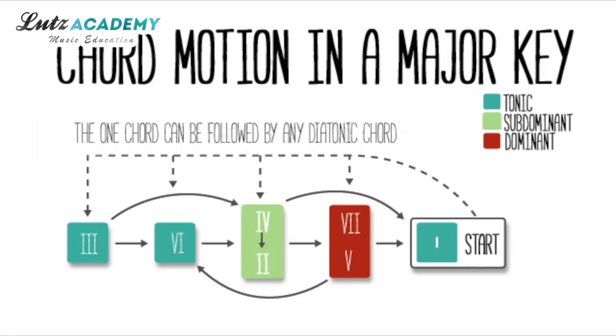If you notice, the 1 chord, the 3 chord, and the 6 chord are all a part of the tonic. These can all fit into that same category. For subdominant, the 2 chord and the 4 chord fit. And as for the dominant category, the 7 chord and the 5 chord fit into that category.